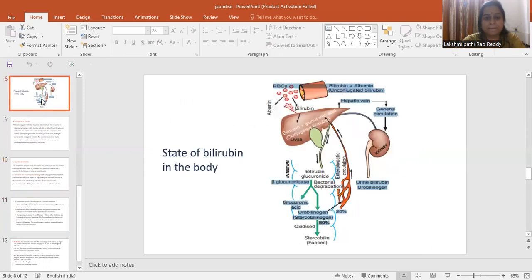So again, in this diagram, this bilirubin comes into our intestine, where it is degraded by bacteria of the intestinal flora with the help of the enzyme beta glucuronidase, and we get glucuronic acid and urobilinogen.